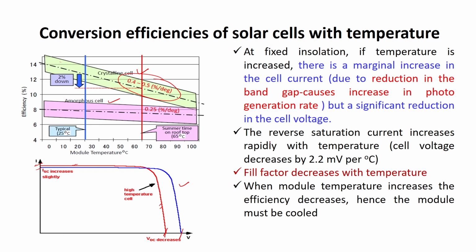So, why is this so? This happens because the reverse saturation current increases rapidly with temperature. It is about 2.2 millivolt per degree Celsius, as a result of which the fill factor decreases, and that is why we need some arrangement which can reduce the temperature of the solar cells. Finally, that will augment the efficiency of the solar cell or module, right.